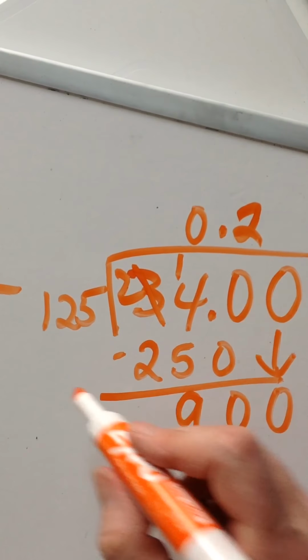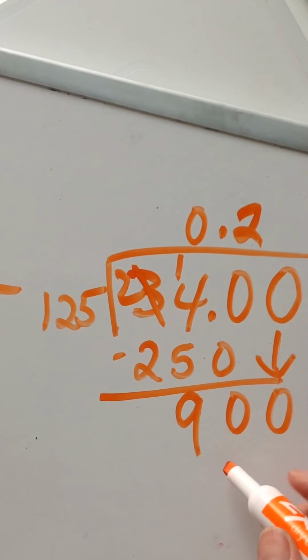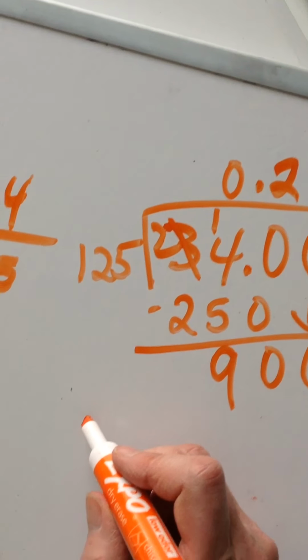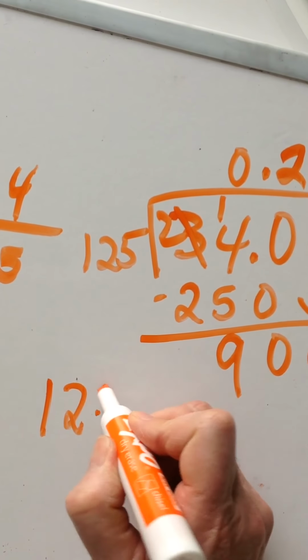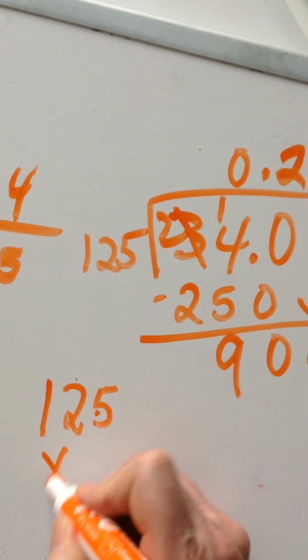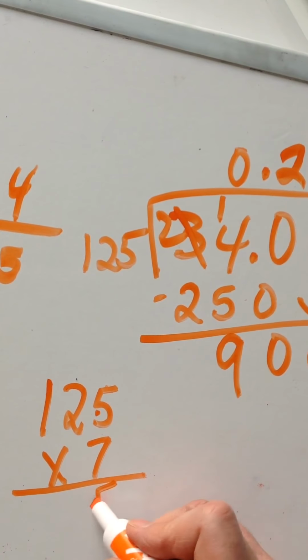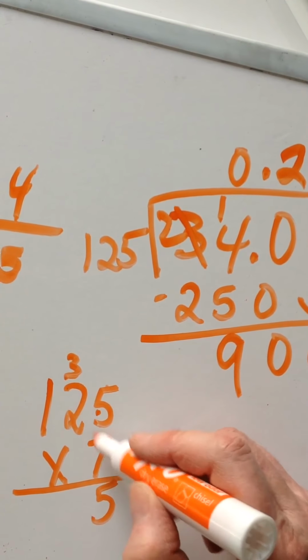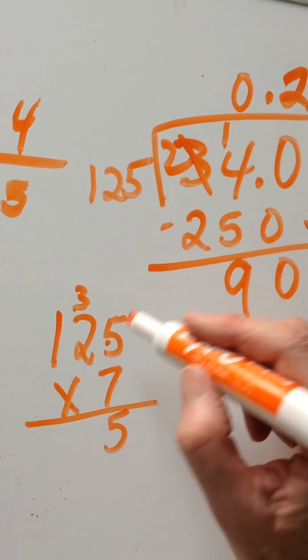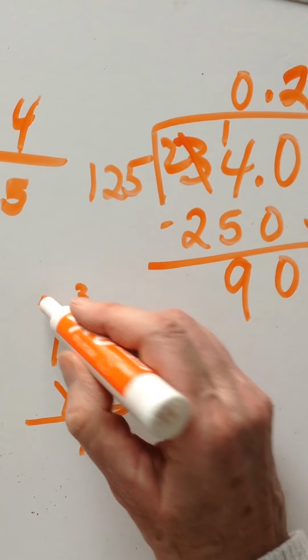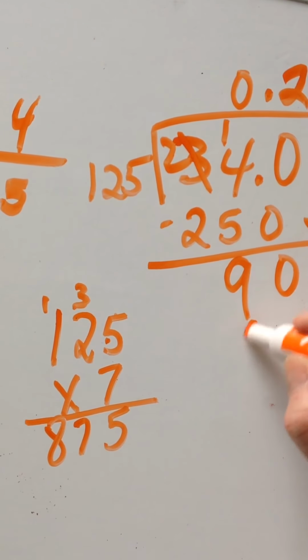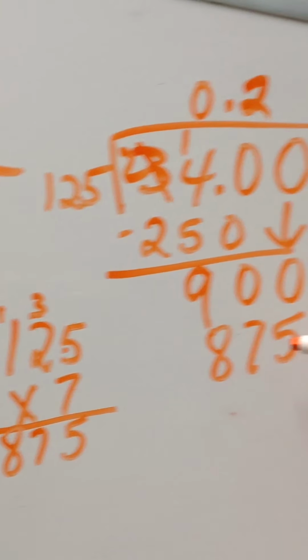So now we want to know into 900. Well, let's see. 125 times 7. Let's see. 7 times 5 is 35. 7 times 2 is 14. Plus 3 is 17. 875. Close enough.